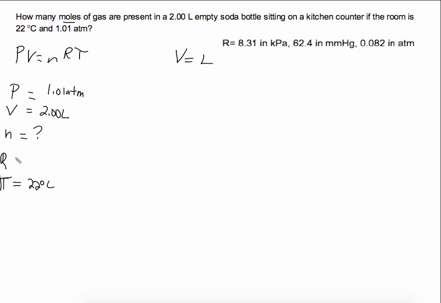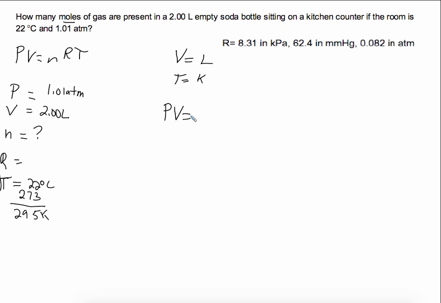N stands for moles, that has to be in moles. R, you're just going to pick the correct one that matches your pressure. However, your temperature always has to be in kelvins, so you would add 273 to 22, and this is going to equal 295 kelvins. So you need to make sure your units match before you start.